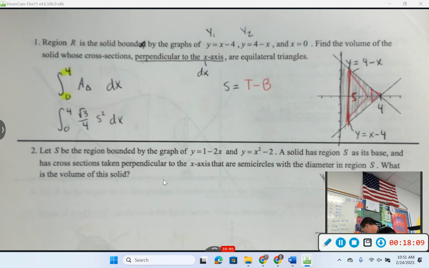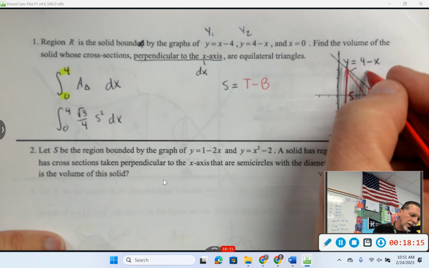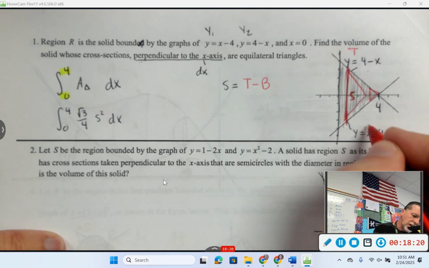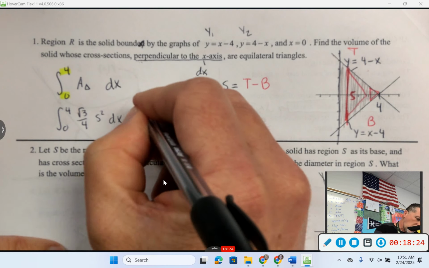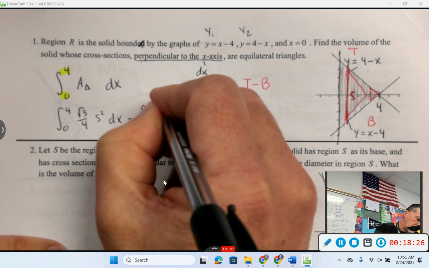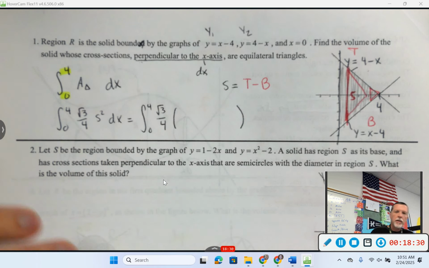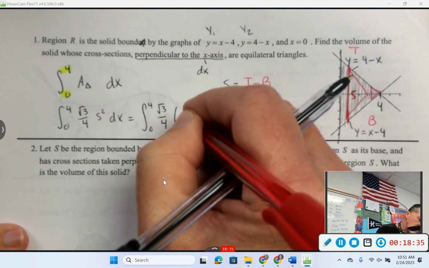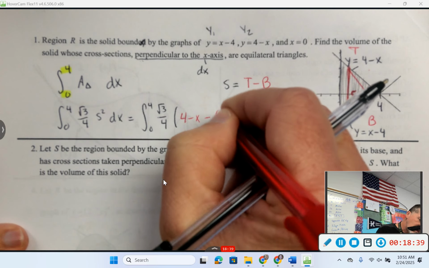Looking for a ruler, and I don't have one up here. Top minus bottom. The top one's 4 minus x. The bottom one's x minus 4. So 0 to 4, root 3 over 4, top minus bottom, so that's 4 minus x minus x minus 4.